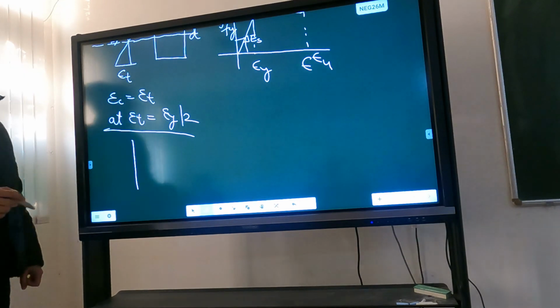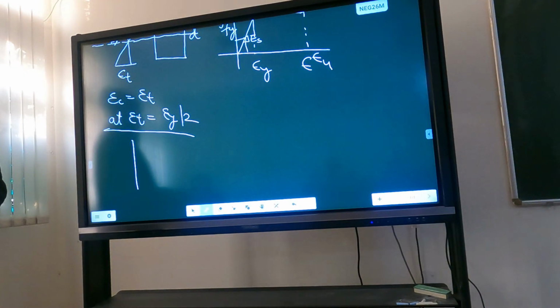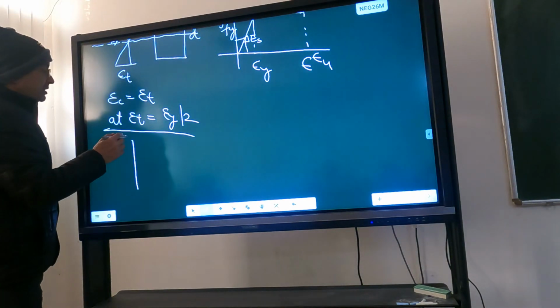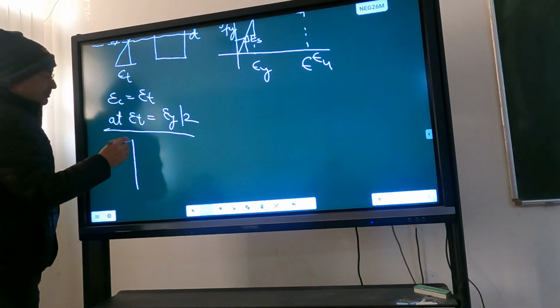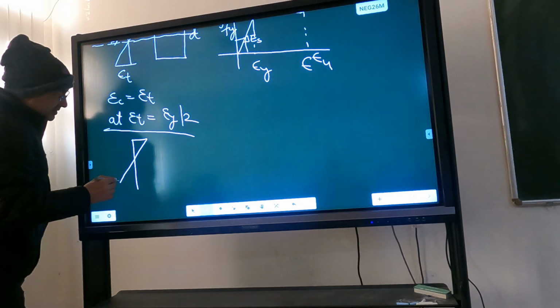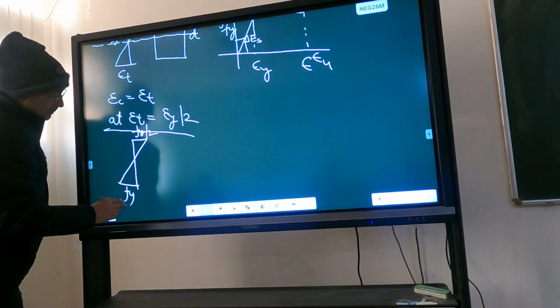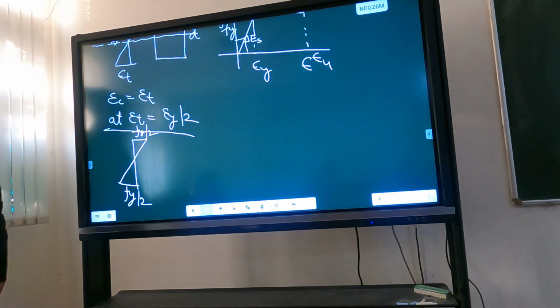Still, the stress strain relationship is linear. The strain is epsilon y by 2, so stress will also be Fy by 2.